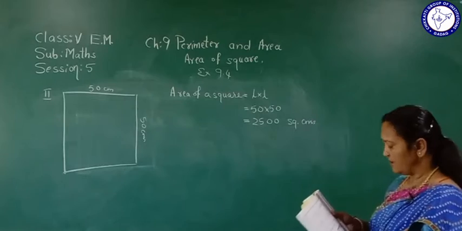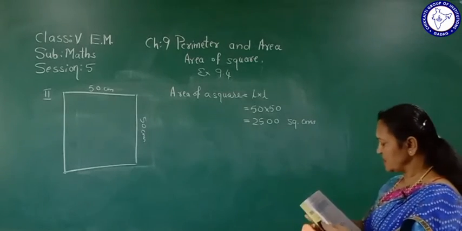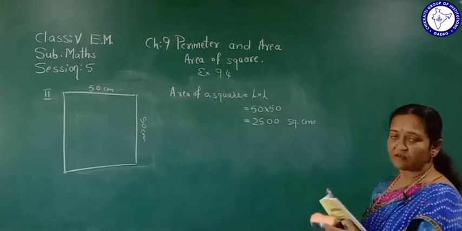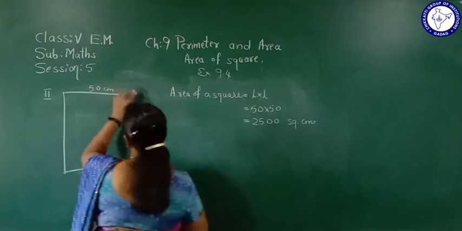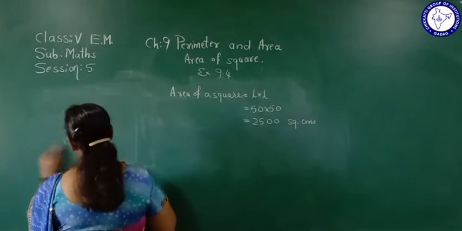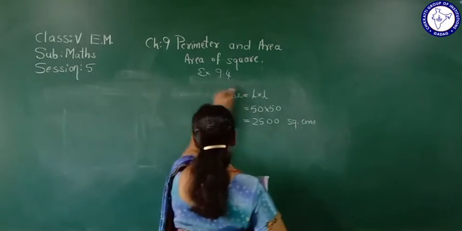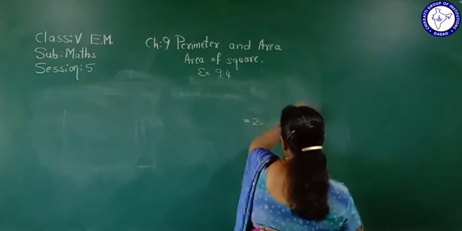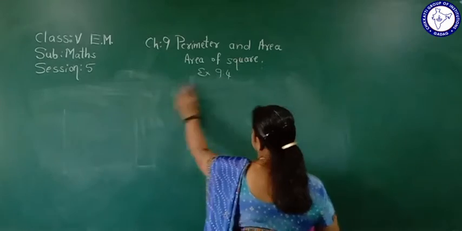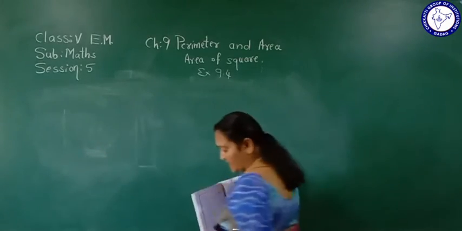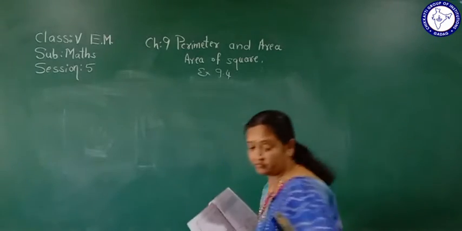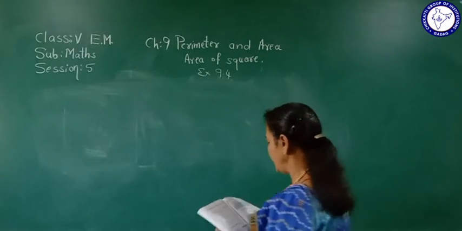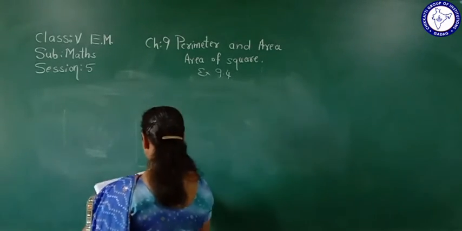Okay, then third main question, here 10 different questions are given. We will solve only 5 questions here and the remaining 5 questions we'll try at home. Third main question, the measure of one side of a square is given.